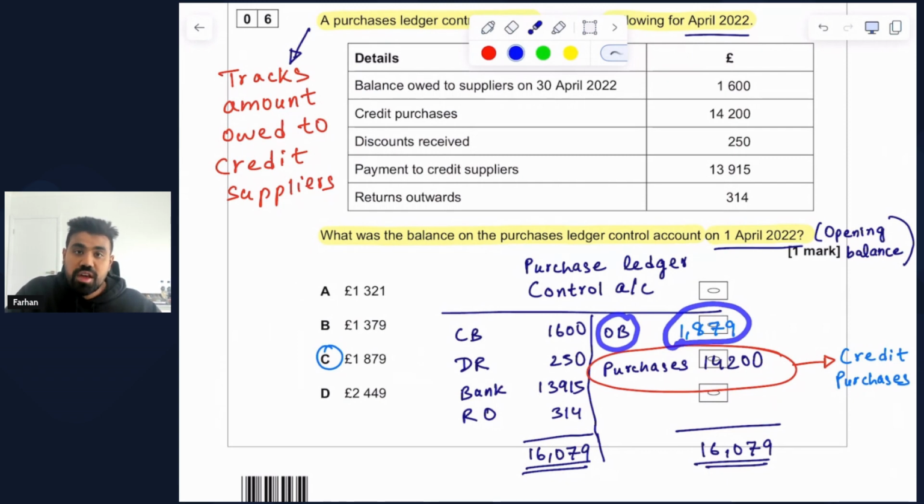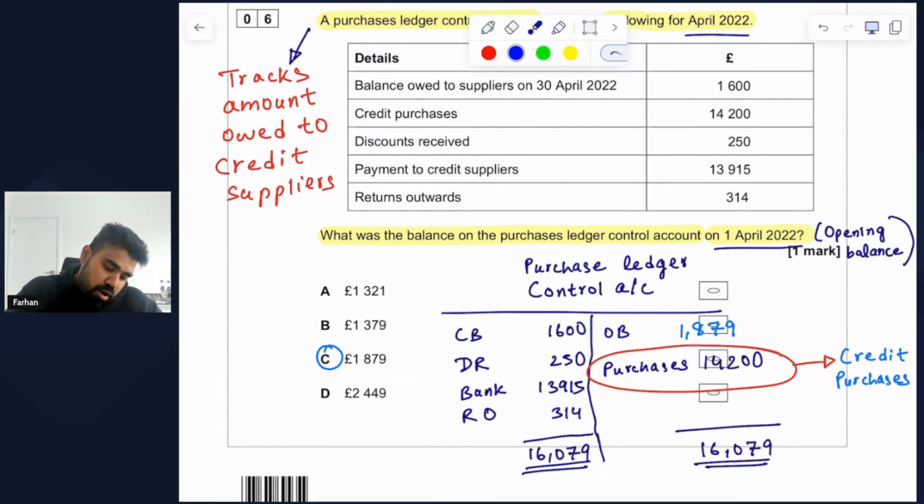Since the purchase ledger control account tracks the amount that we owe to our credit suppliers, it definitely fits the definition of a liability account, and therefore the opening balance must be on the credit side. So the opening balance, which I've written OB for short, you can also call it balance BD, is £1,879.